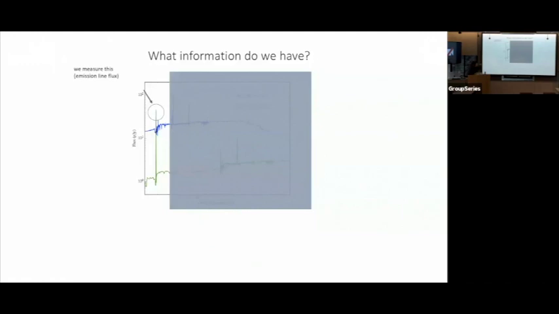And then, what we measure is the strength of this line. In some cases, we can also measure the so-called continuum of the galaxy, which is on average how bright the galaxy is on the two sides of the line.